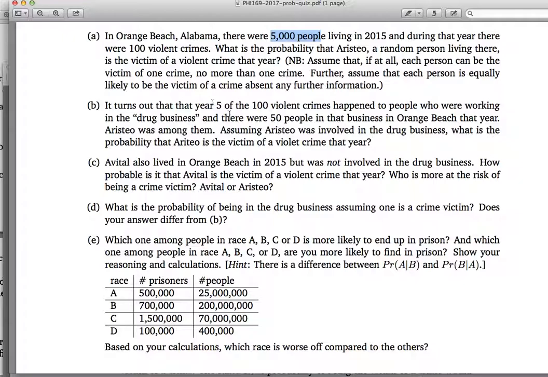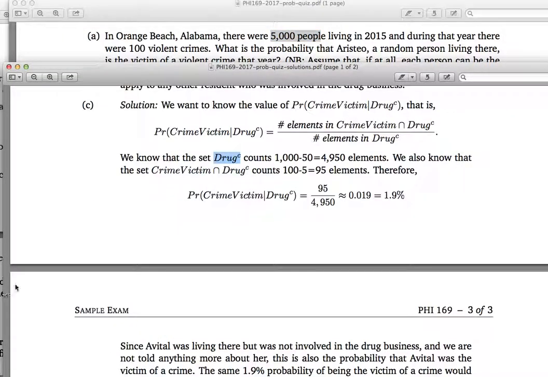And so it means that the remaining 95 happened to people not in the drug business. So we basically need to subtract 5 people, the people involved in the drug business who were victims of a violent crime, and we find out 95. This is the set of crime victims who were not in the drug business. That's the intersection. In order to be in this set, you need to be both a crime victim and not involved in the drug business. According to the data given by the exercise, there were 95 such people.